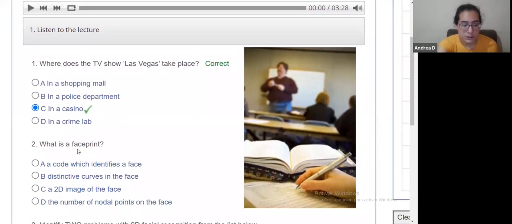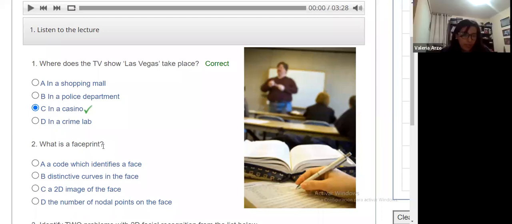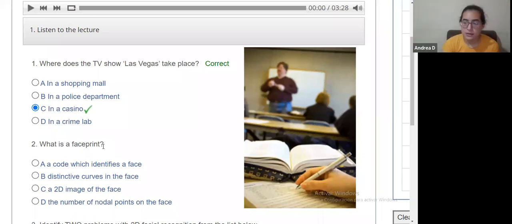Now here we have a definition. So what is a face print? Something that's mentioned at the beginning. Take a look at your notes, maybe. I think it's a... Okay, code which identifies face. Do you guys agree?